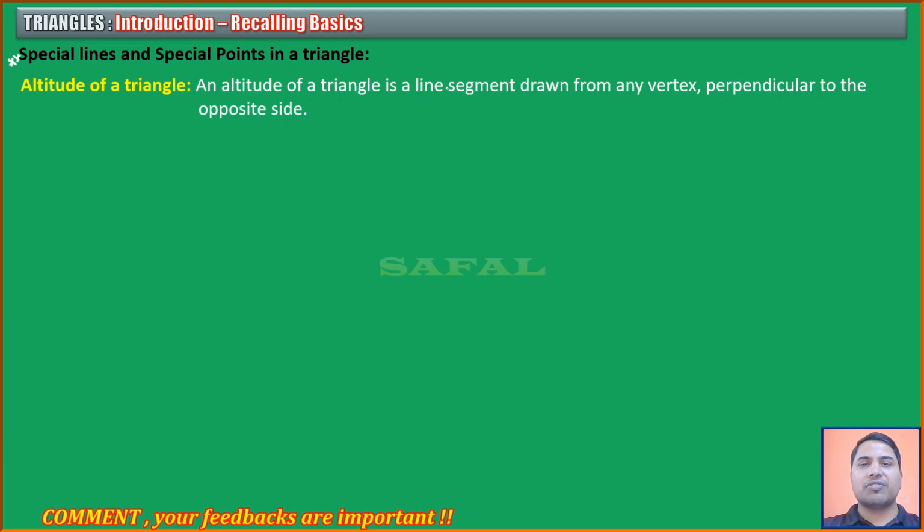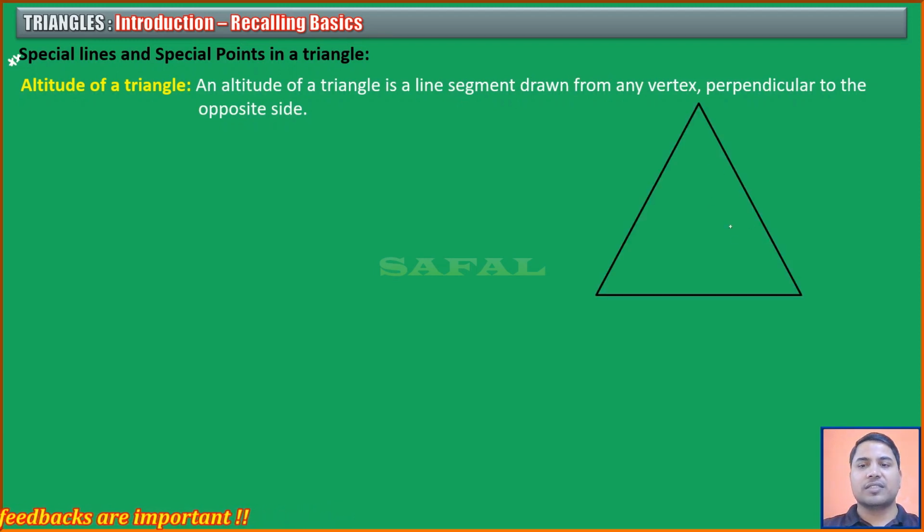An altitude of a triangle is a line segment drawn from any vertex perpendicular to the opposite side. If this is the triangle, how many vertices do we have? 3 vertices, right? From a vertex we need to drop a perpendicular to the opposite side. Naming the vertices A, B and C, you can see from vertex A I have dropped a perpendicular to the opposite side BC. So this is an altitude.